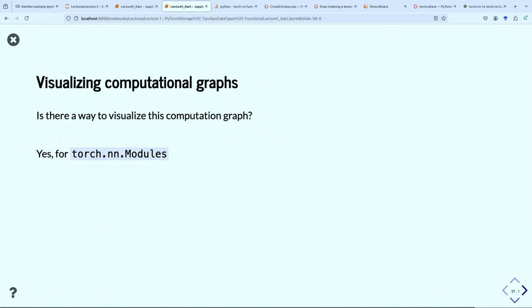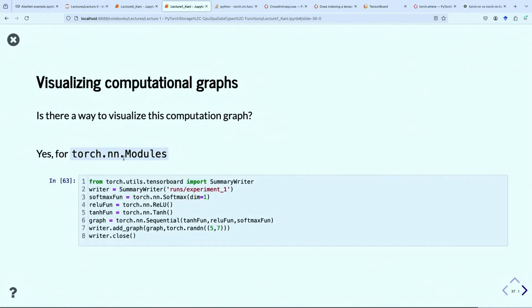So the question is, is there a way to visualize the computation graph? And there is a way, specifically for the torch.nn library. Simply what we do is, again, we define some composite function. In this case, we define a softmax.